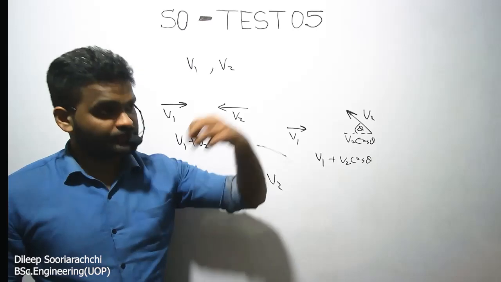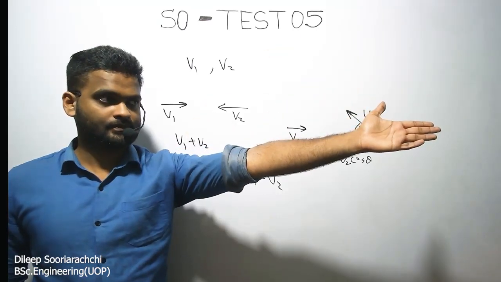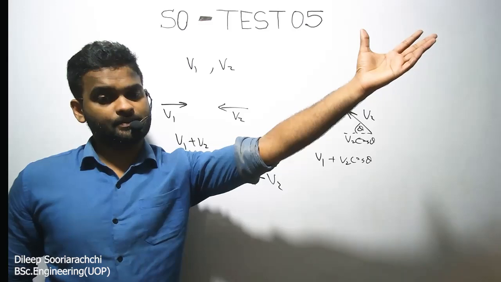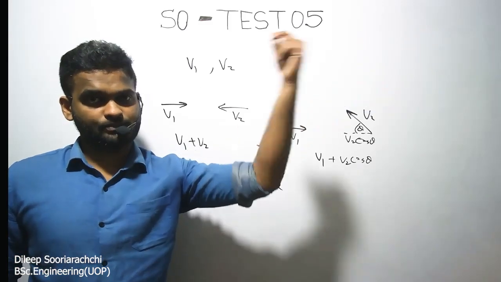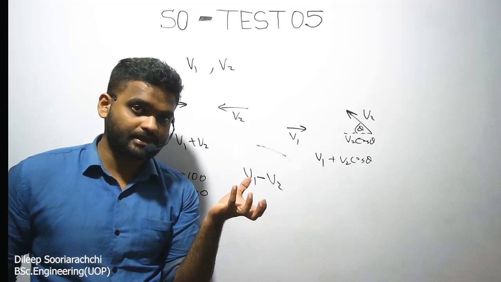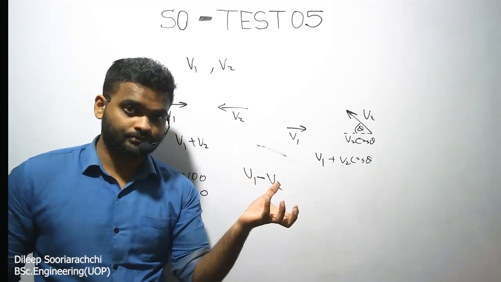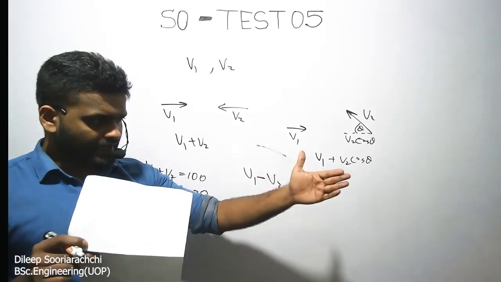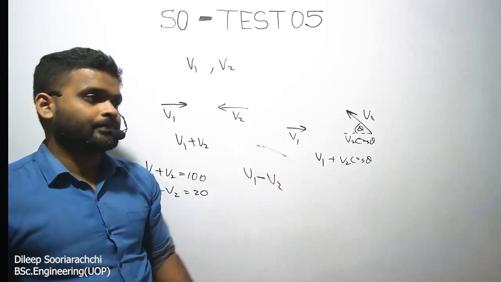Your speed is also added to that bus, so you notice that bus has a large speed, and you see it quickly approaching towards you. So they are moving in opposite directions.